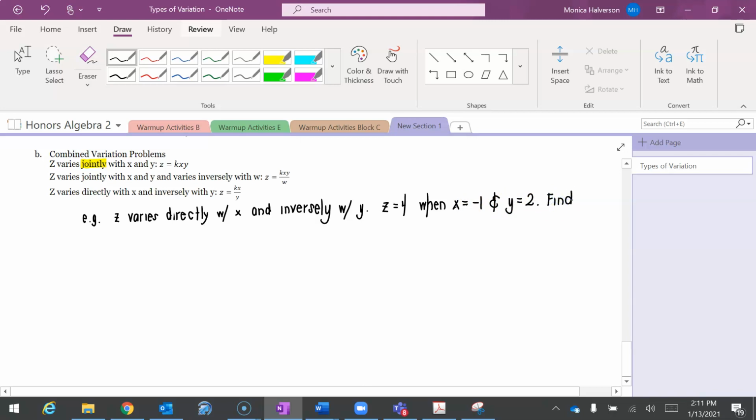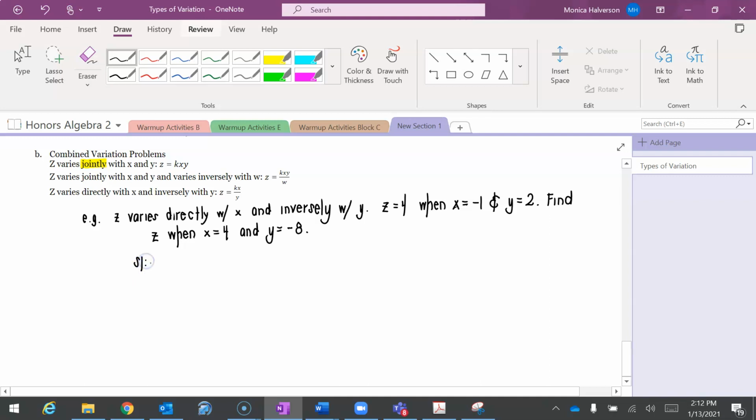Find z when x equals 4 and y equals negative 8. Okay, so we're going to follow the same rules. We're going to have to write the generic function rule first.